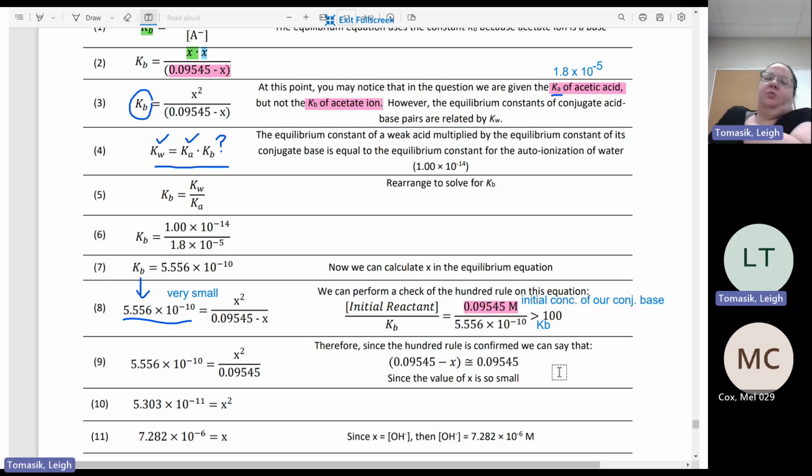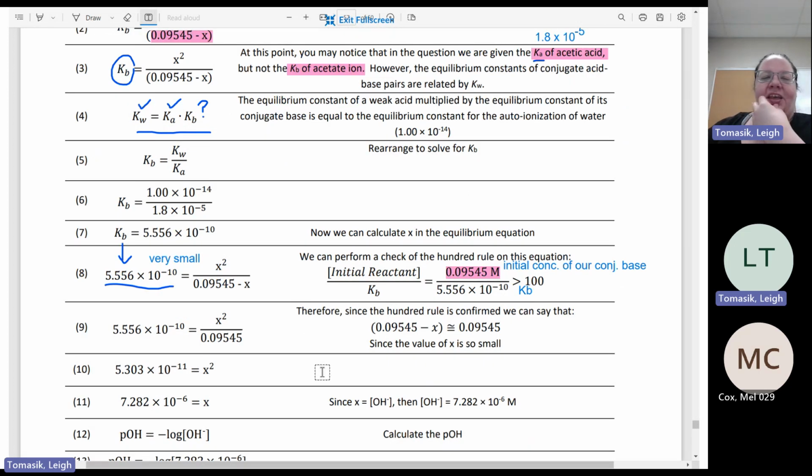Way bigger than 100. Do it on your calculator. I was going to try to read it out, but it's just a very big number.